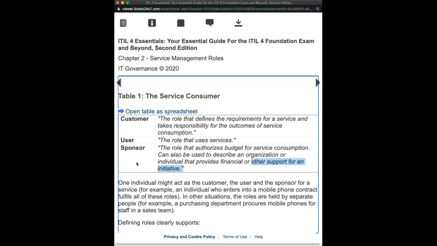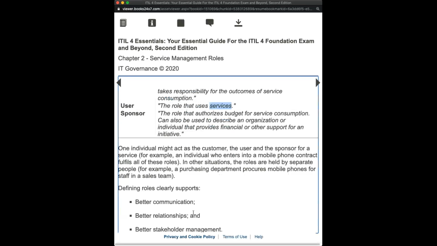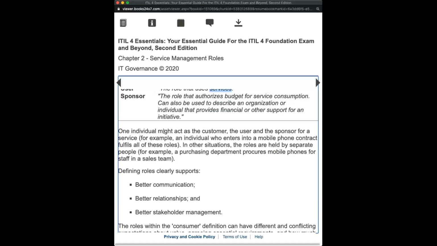And we can define this further, right? Because a user, the role that uses services, okay? We'll get into this deeper, okay? So one individual might act as customer, user, and sponsor, right? For example, an individual customer who enters into a mobile phone contract can fulfill all those roles, right?